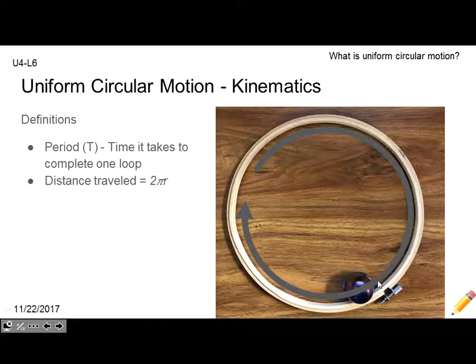We also can talk about how far it travels when it does that single loop. And so if it's a circle, it's got a radius r, and the distance traveled would be 2 pi r, just the circumference of the path. So if I know how far it travels, and I know how much time it takes to do it, I can write down the speed v.